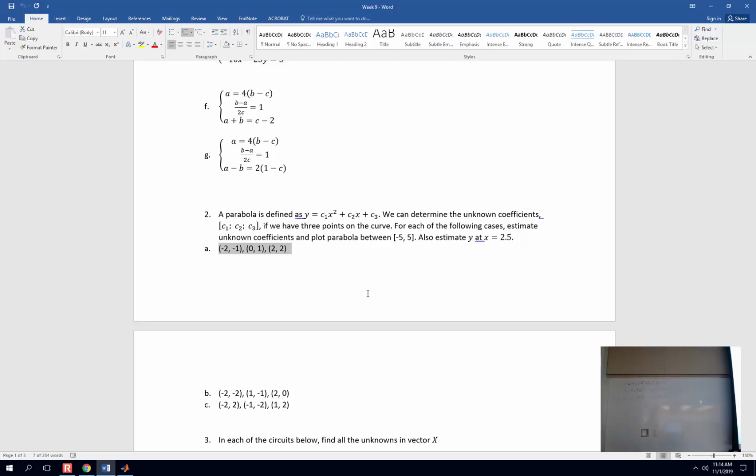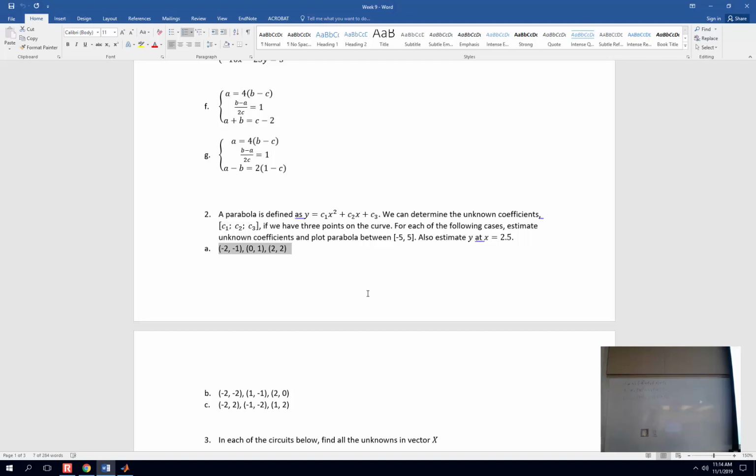Exactly. So the first line of A is 4, negative 2, and 1. The second line is 0, 0, and 1. The third line is 4, 2, and 1. Does it make sense so far?